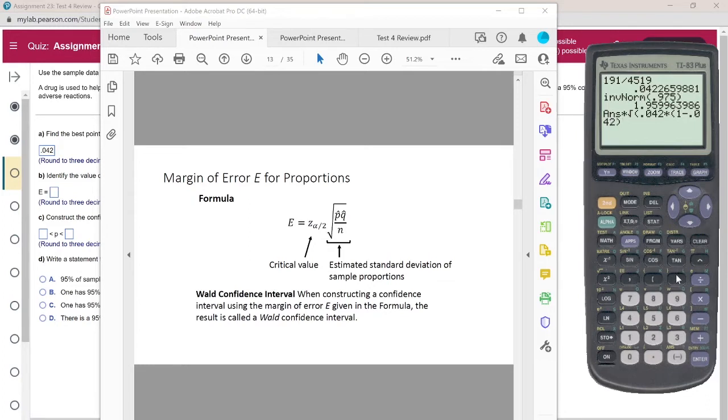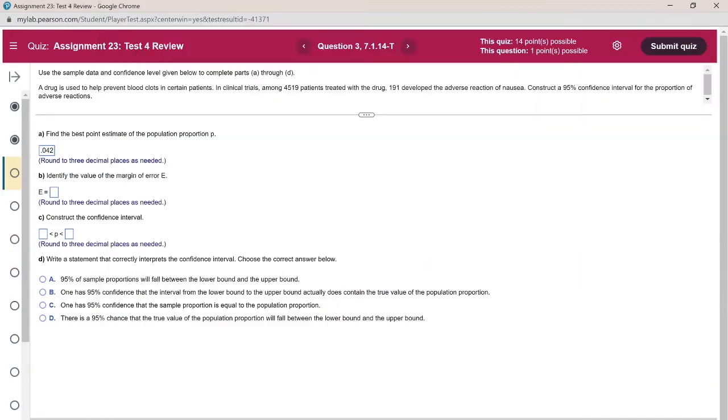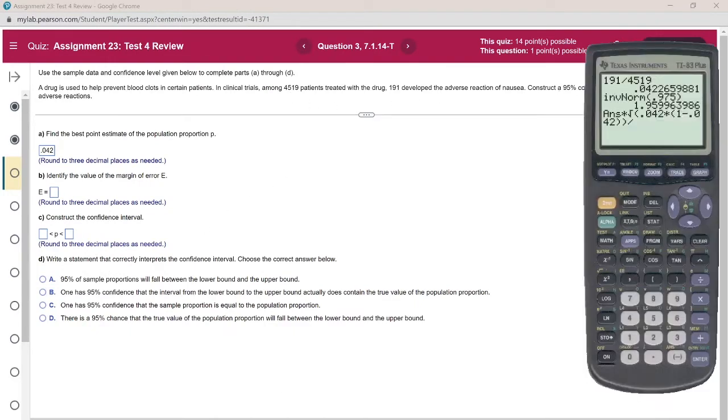Then double parenthesis and divided by n. N in our case is 4519.